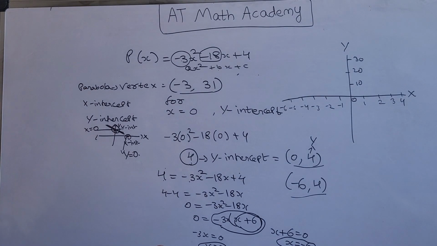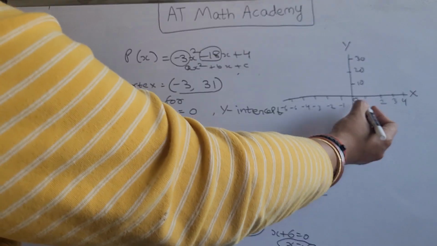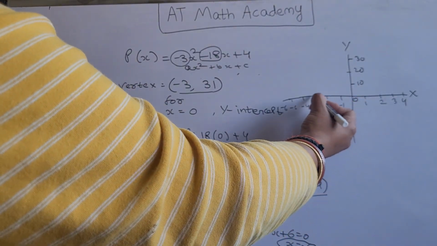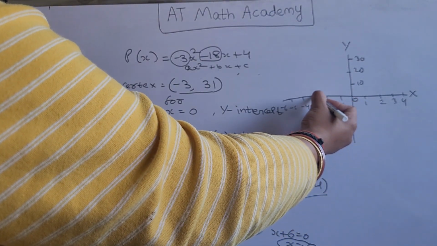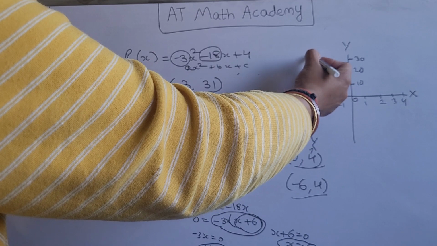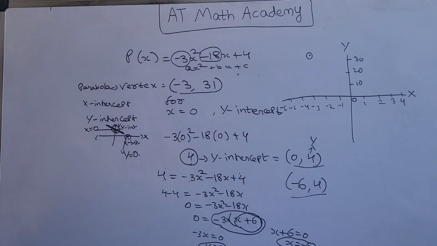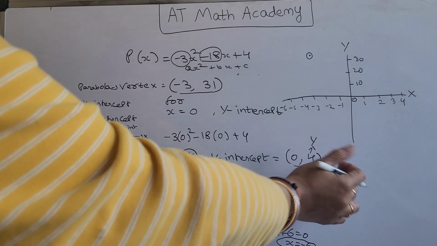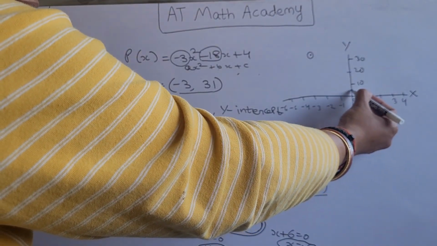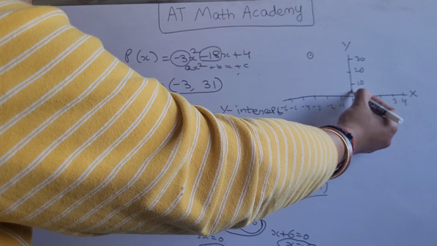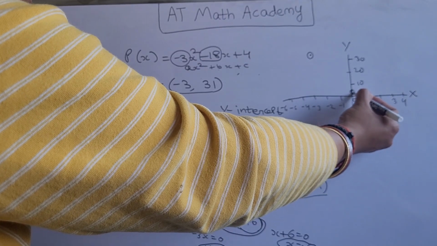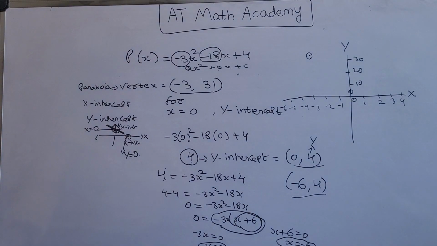So now I'm plotting minus 3 and 31. You have minus 3 over here, and 31 should be somewhere like this, and you have another point as 0, 4, which is 0 and 4 here below 5, and another point, a reflection point, is minus 6, 4.